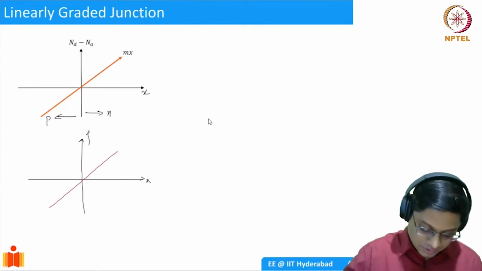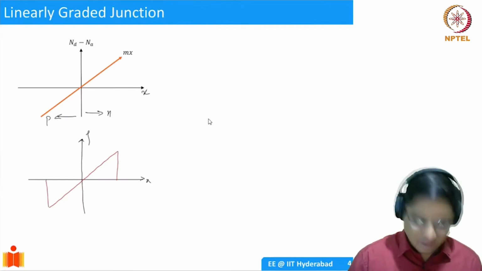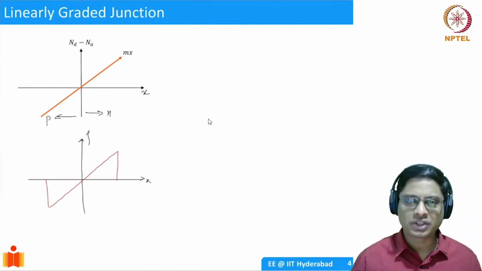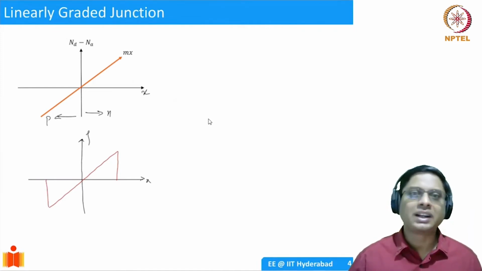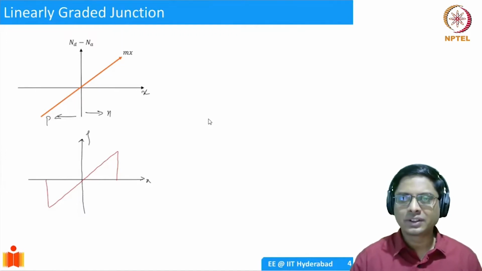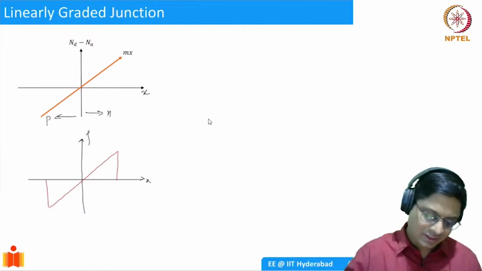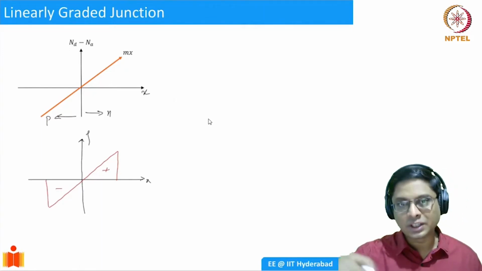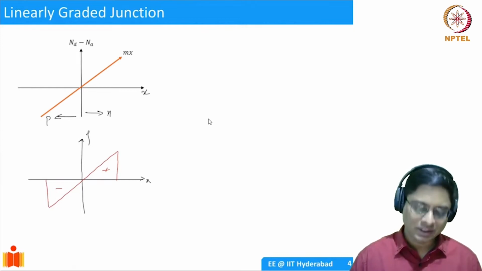So your space charge region is going to be like this. You're going to uncover a finite amount of space charge, which will cause an electric field, just like in the abrupt junction case. The only subtlety here is that your space charge is going to have a linear profile.